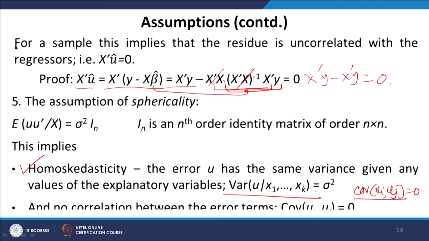Now, this is written as expected value of u u prime conditional upon the values of x equals sigma square I n, where I n is an identity matrix of order n by n, and the implications have already been mentioned. Now, I expand this expression, specifically expected value of u u prime given x, and show how we arrive at the expression sigma square I n under these assumptions.